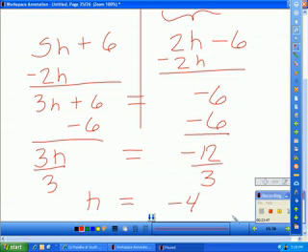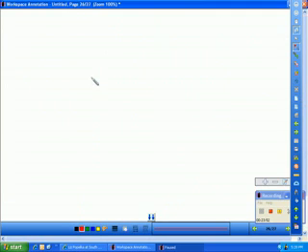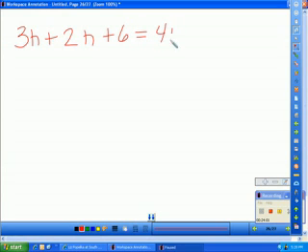Of course, I'm not quite finished because I need to go back and check my answer using my solution. So I'm going to take the original problem again. 3h plus 2h plus 6 equals 4h minus 2 times h plus 3. Now I'm going to put in negative 4.